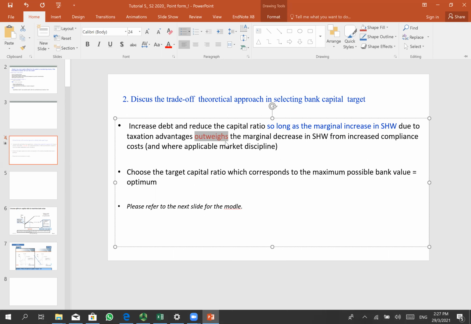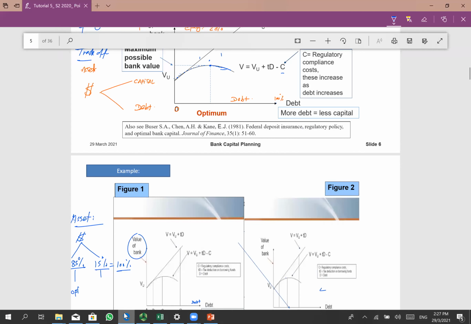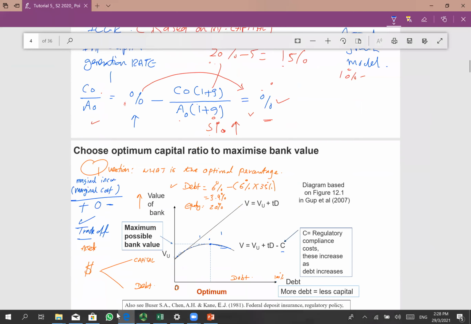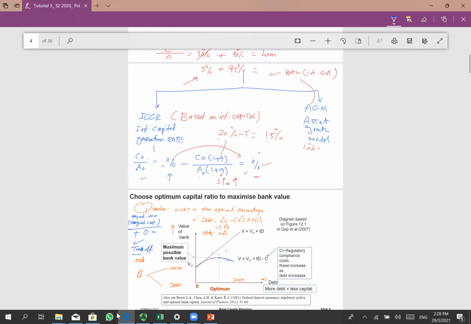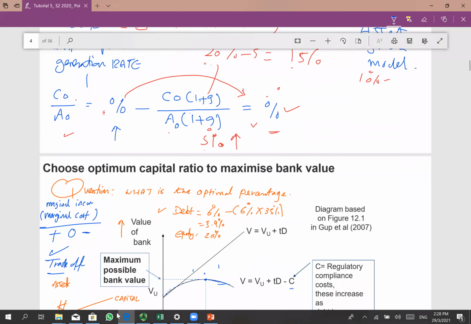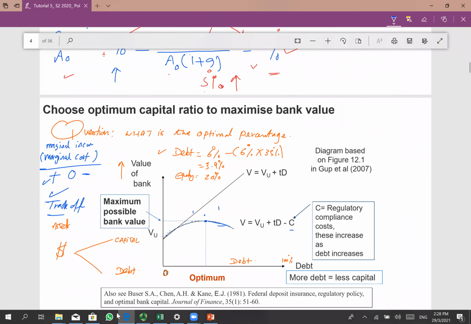When it outweighs, you just continue, because that means we are in the plus area. Here the marginal income is higher than the marginal cost, which means I am here. Continue, no problem, until you reach here, stop.